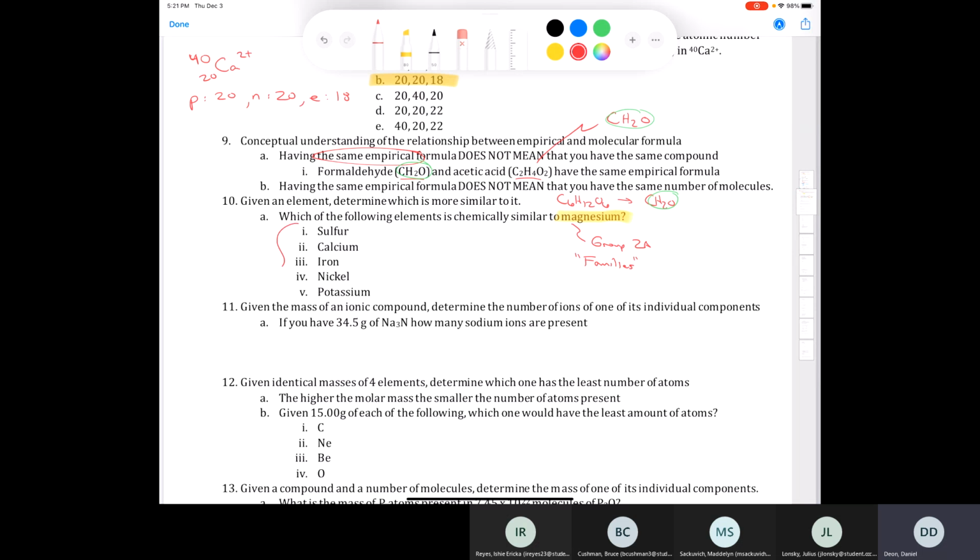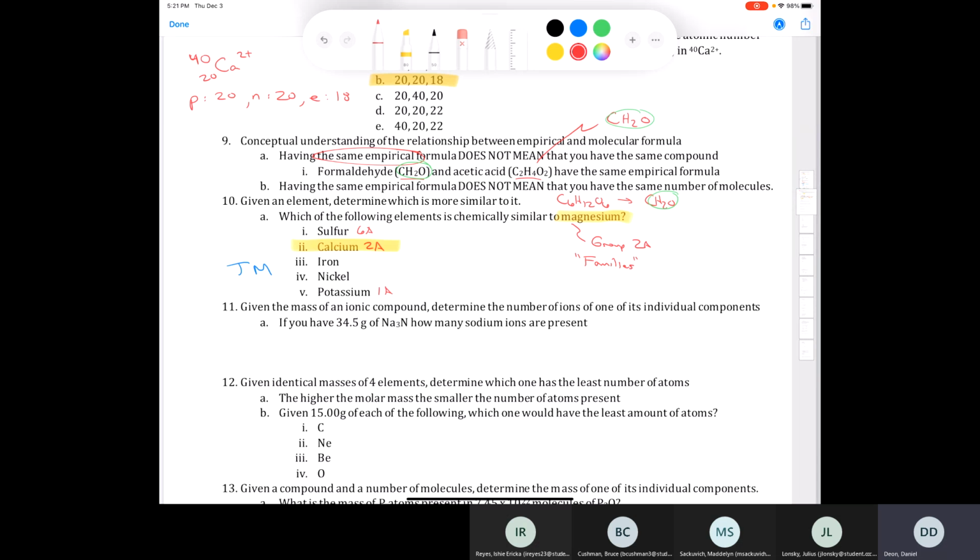So we're looking for an element that might be in group 2A. Well, sulfur is underneath oxygen, so it is in group 6A. Calcium is in group 2A, and so that must be the correct answer. Iron and nickel are transition metals, right? Those are both transition metals. And potassium is in group 1A, so that's not the answer either. It's calcium. All right, number 11.